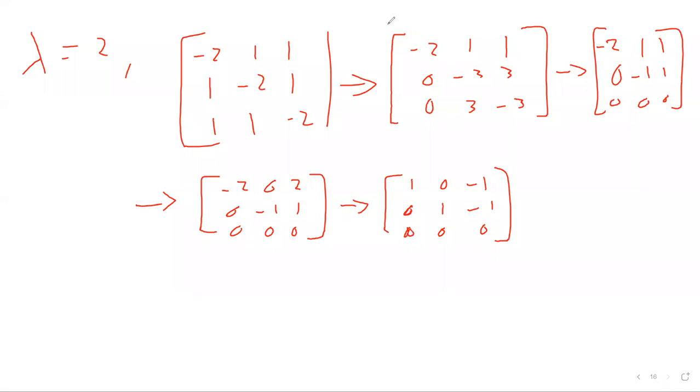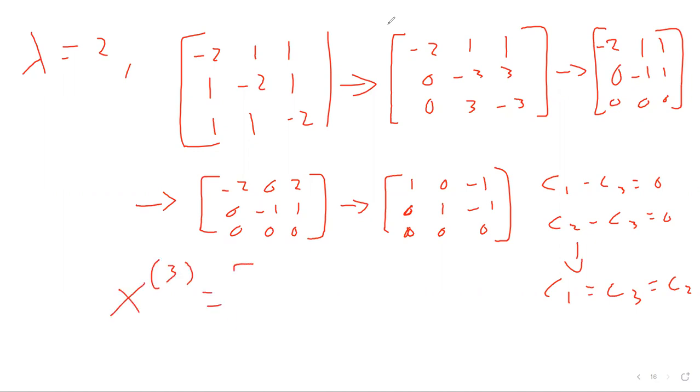We might make life a little bit easier. So changing this, it's a C1 minus C3 equals 0. Here's a C2 minus C3 equals 0. So solving those, C1 equals C3, which happens to also equal C2. So our eigenvector for this one, pick any value for one of those, we'll pick a simple form.